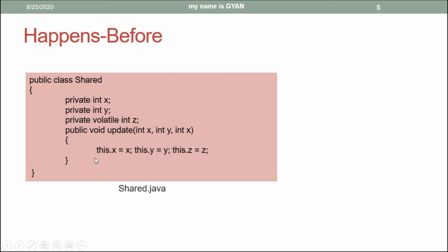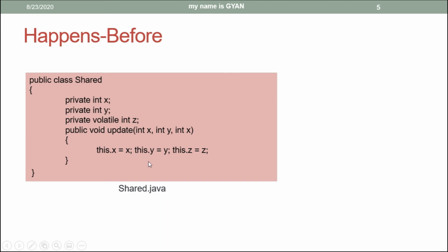Then the variable z has to be written to the memory as soon as it gets updated, because z is the volatile variable. So the variable z will be written to the main memory, and the other two variables will not be updated in the main memory. That would be a wrong state of the object, because the value of z would be different from x and y, and that should not be allowed.